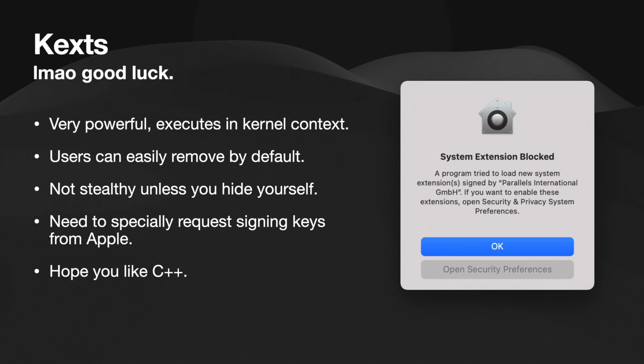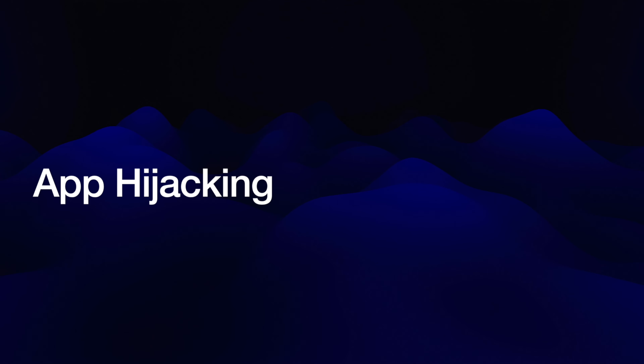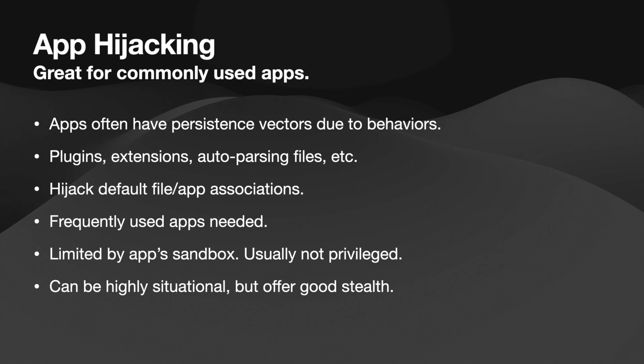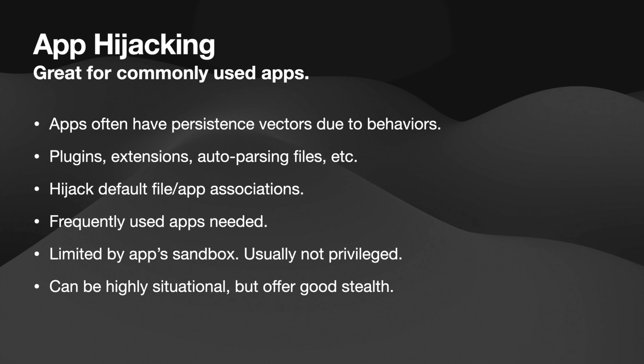App hijacking is probably the most diverse method of persistence in terms of stealth and difficulty, because it is really just dependent on the apps. Apple has done a lot to address some of the most common problems third-party apps have. Things like updates over HTTP or executing interpreted code are either hidden behind entitlement flags or not allowed altogether.